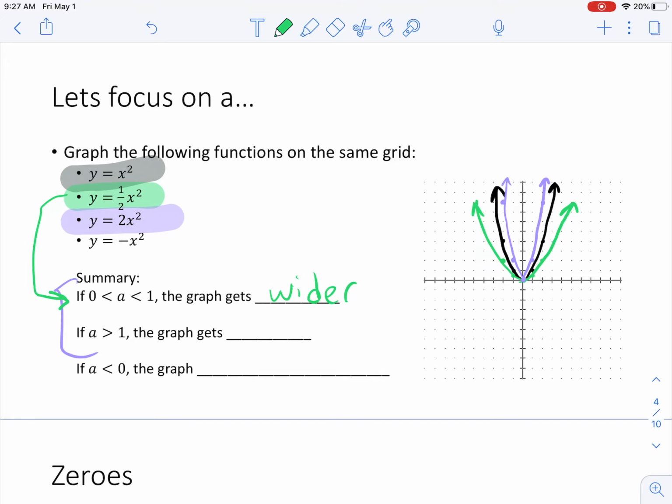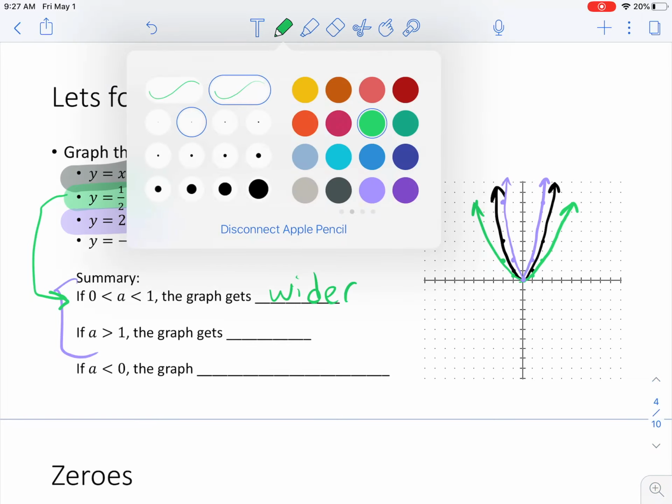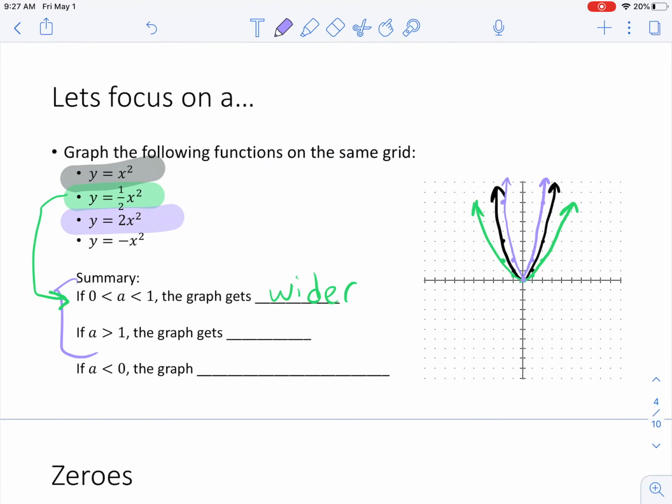It's compressing all of the y's. It's making them a little bit lower, which makes the graph turn out wider. If A is greater than 1, it takes all the y's and it makes them taller, which makes the graph skinnier, or narrower.